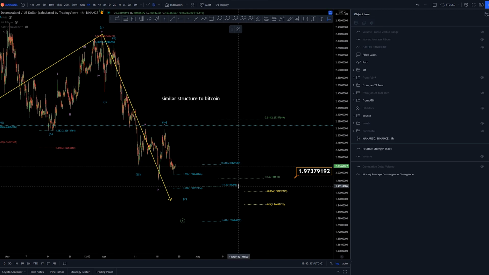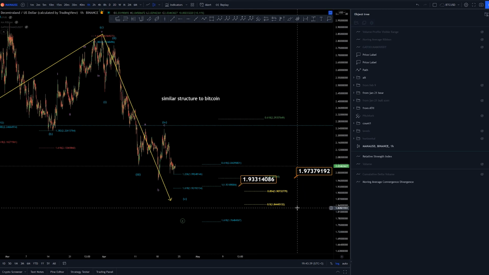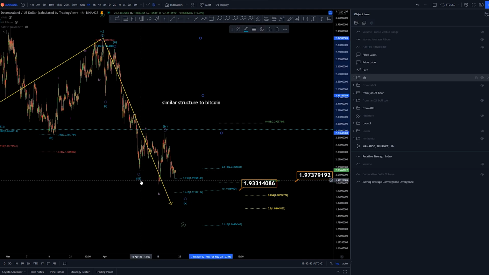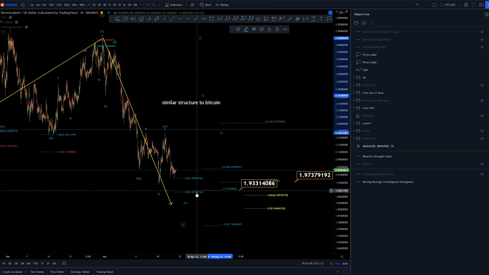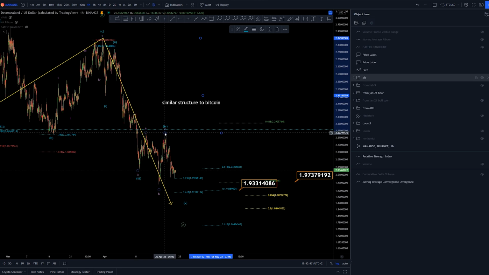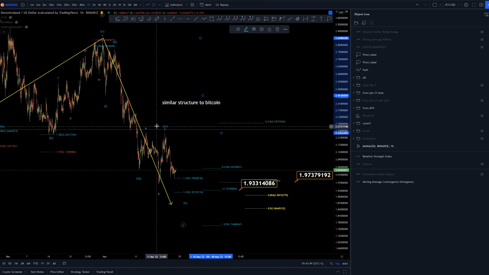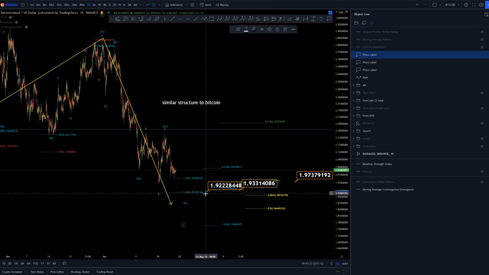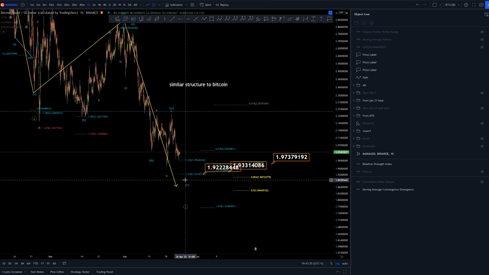1-to-1 extension would be $1.93. With that one, we have another way to look for the target, which is inverse wave 4 with just a retracement, and 1.618 is here around $1.92.